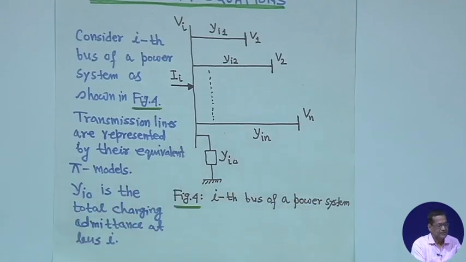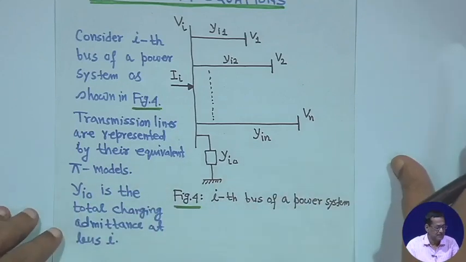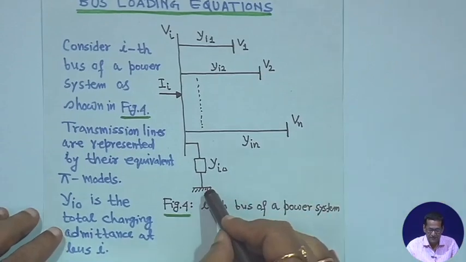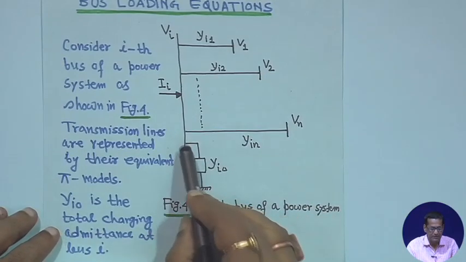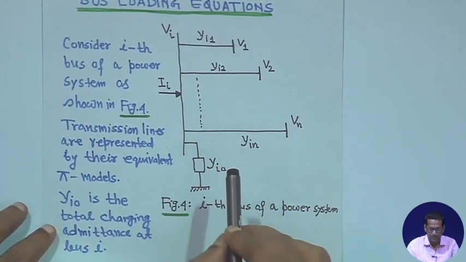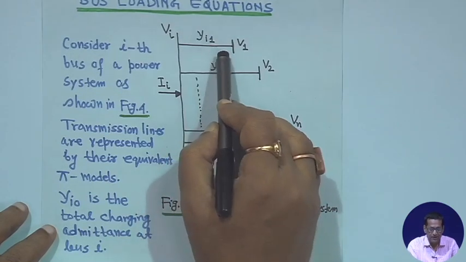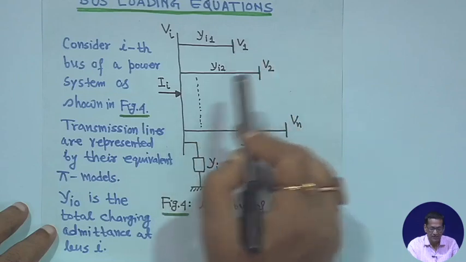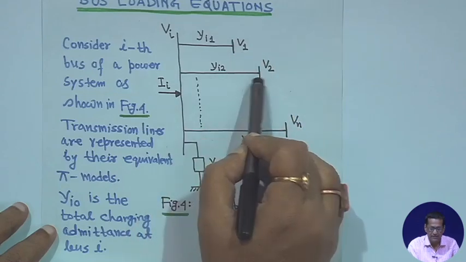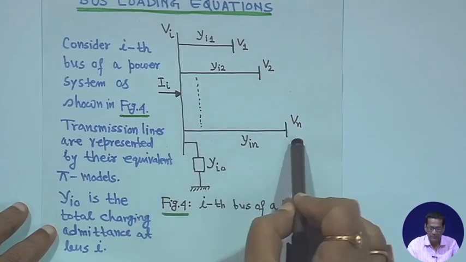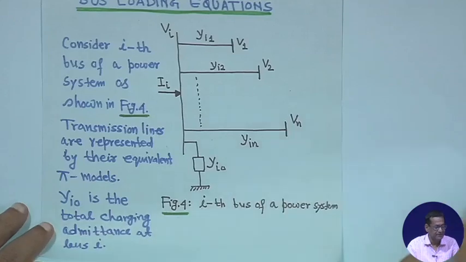Now, the net injected current I_i into this bus i, you can write now. This is at ground, and this is voltage V_i. So, y_i0 V_i plus y_i1 (V_i minus V_1) plus y_i2 (V_i minus V_2) and so on up to y_in (V_i minus V_n).